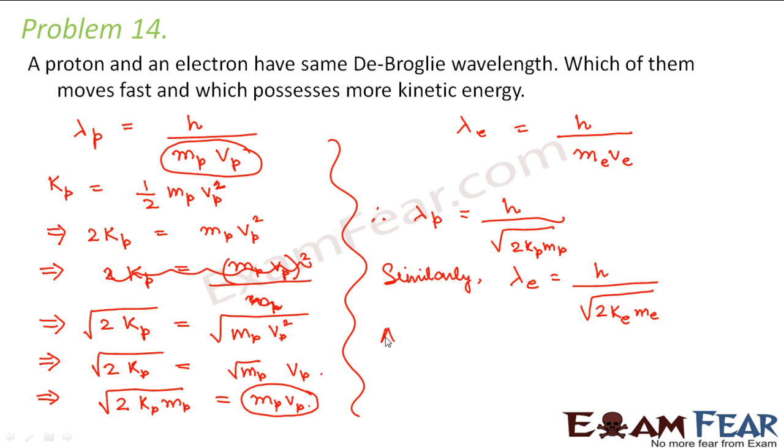Now, according to the question, it says that proton and electron have same de Broglie wavelength. That means lambda P is equal to lambda E. Therefore, H divided by root over 2 KP MP is equal to H divided by root over 2 KE ME.